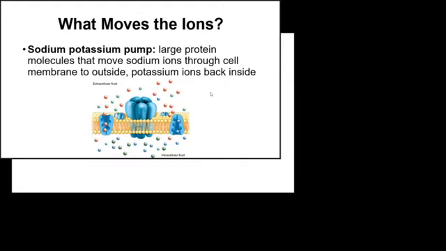So we talked about that potential across the membrane, the fact that there's a difference in electrical charges on the inside and the outside of our phospholipid bilayer of a membrane.